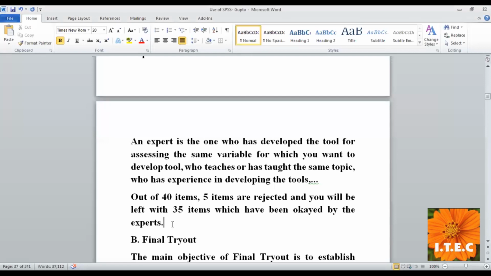Now, once you have these 35 items, along with the instruction, because the experts have seen your instruction also, and they might have modified your instruction or might not have, you can take them further. Next, what you have to do is called individual tryout.